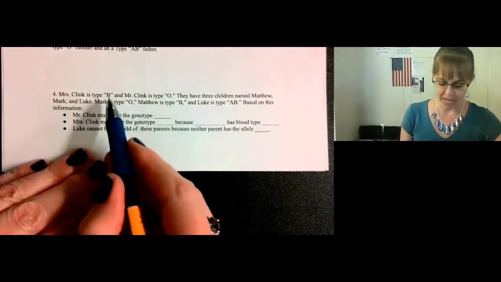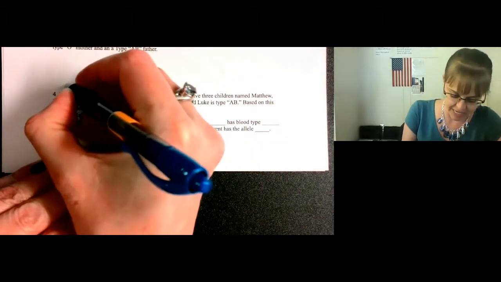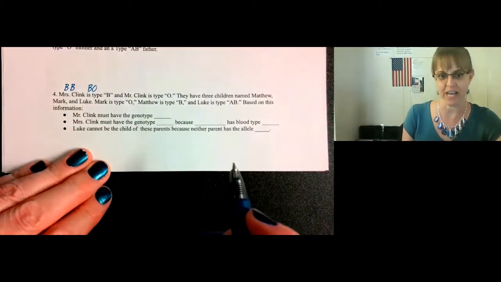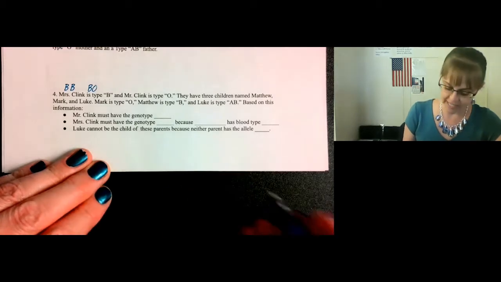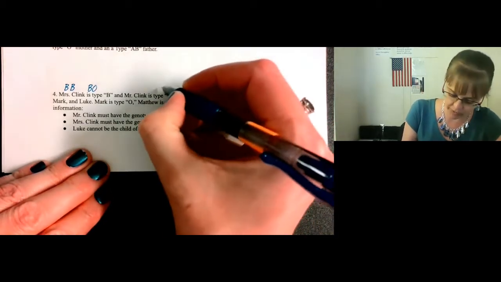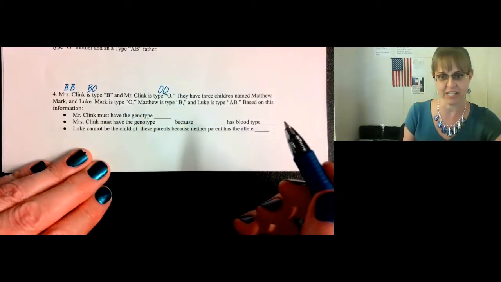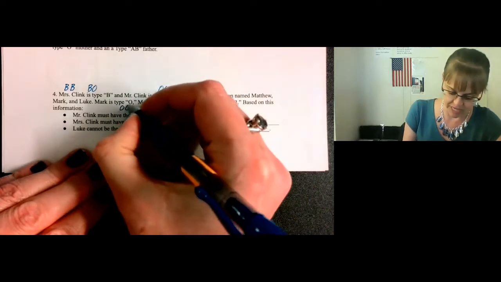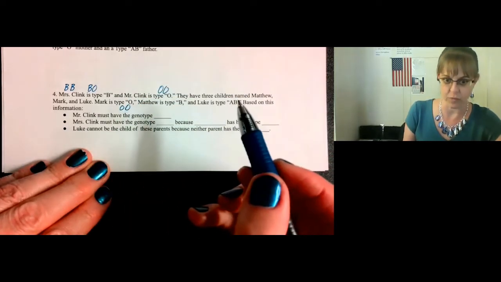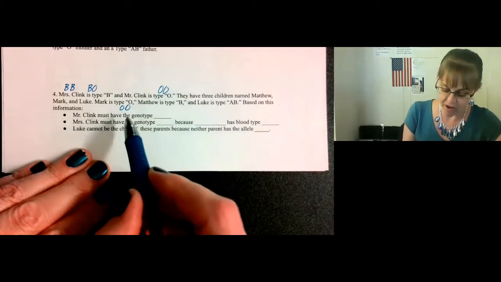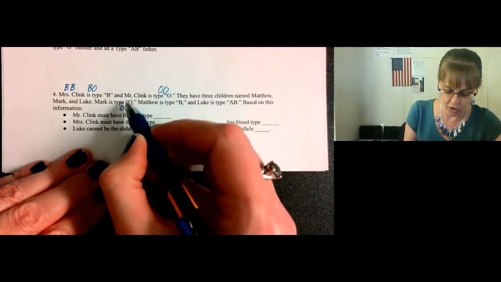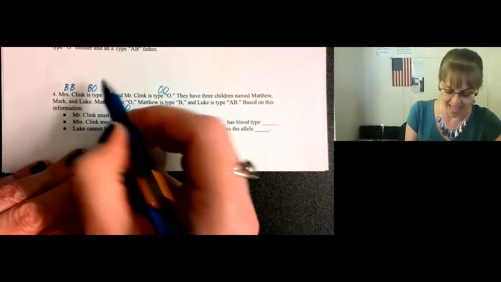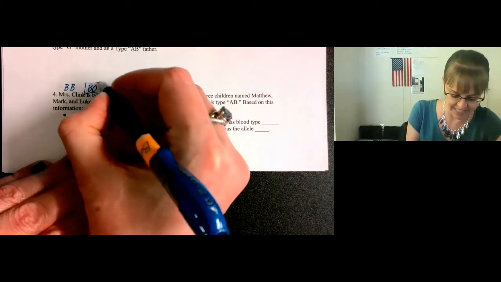If Mrs. Klink is type B, she might be homozygous or she might be heterozygous. Mr. Klink is type O. He can only be homozygous because that's recessive. If Mark is type O, he can only be homozygous. So therefore, if he got 1 O from the dad and 1 O from the mom, then the mom has to be heterozygous.